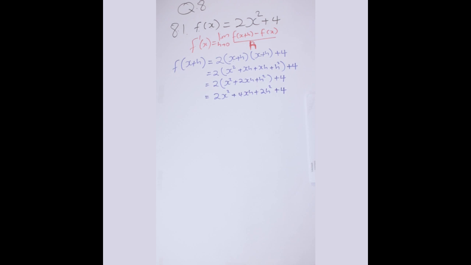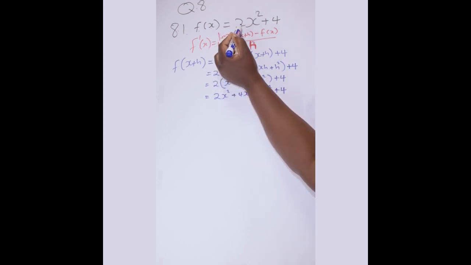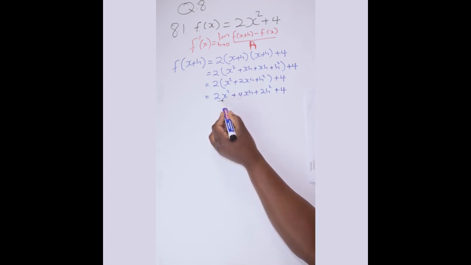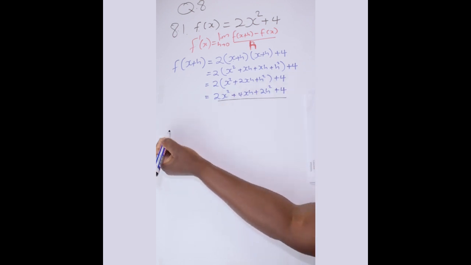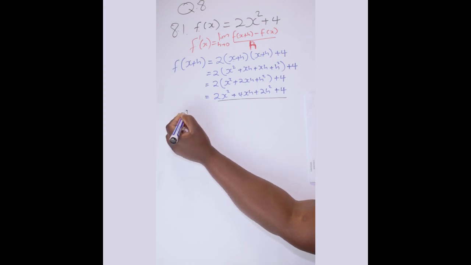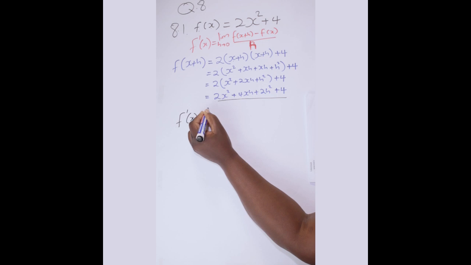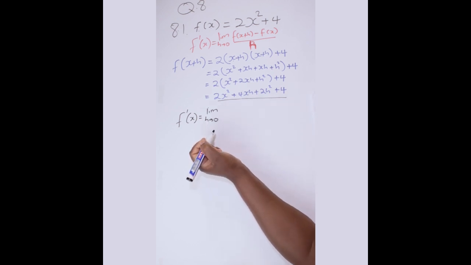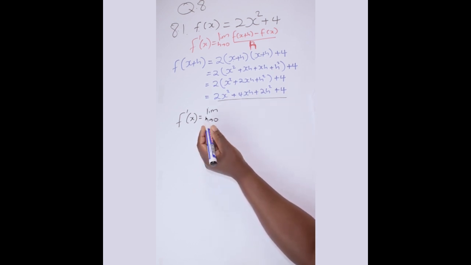You remember your f of x is 2x squared plus 4. Now you have to go back to your equation and substitute this f of x plus h inside. Remember, your equation must go with the first principle, equals the limit as h approaches 0. You do not leave the limit until you substitute h being 0. So then you have to substitute.